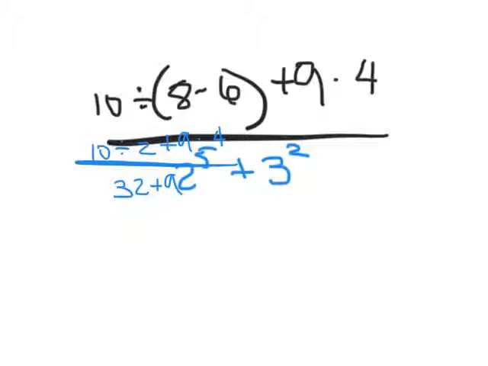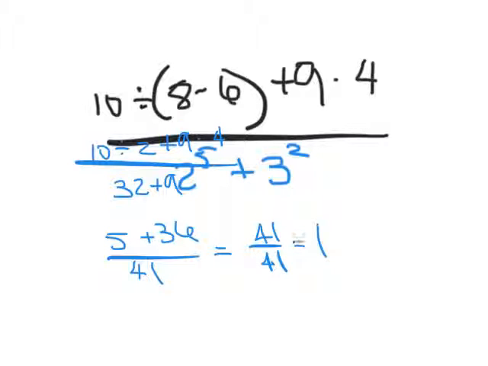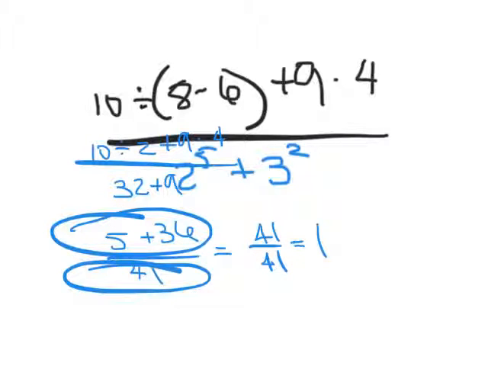Okay, then we get 5 plus 36 over 41, giving us 41 over 41 equals 1. Okay, key thing here is you do everything on top, everything on bottom as two separate things until the very end, and then you do your division. And that just makes life so much easier.